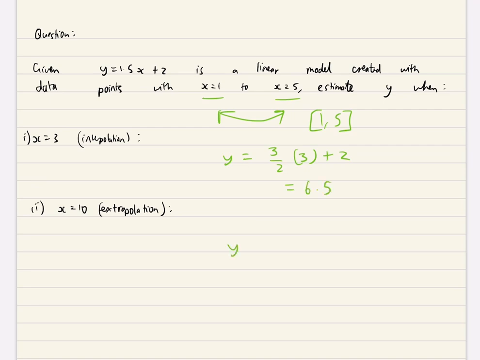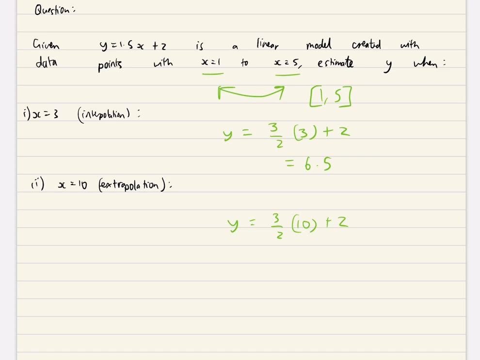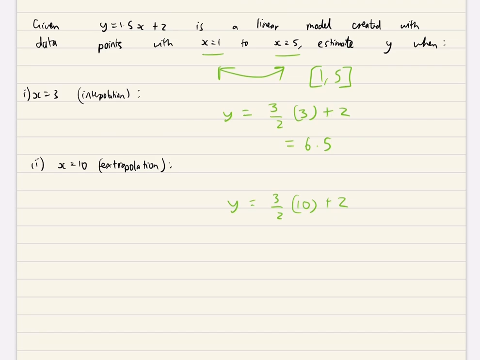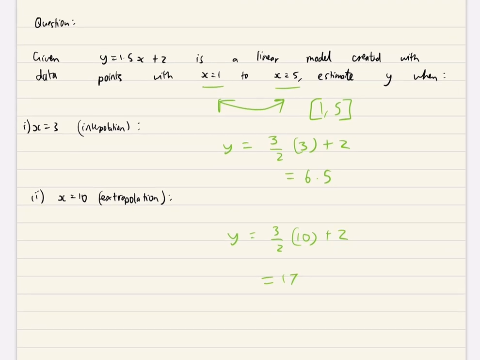And similarly, if I do it for this case, I'm going to get 3 over 2 times by 10 plus 2. So I'm going to get 30 over 2, which is 15 plus 2. So I'm going to get 17. But of course, you can use your calculator for that. So these are our estimated y values for these corresponding x values, respectively.